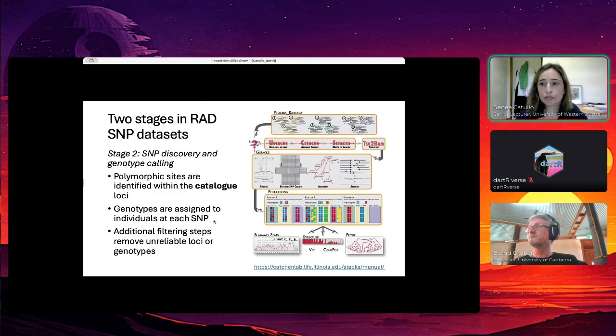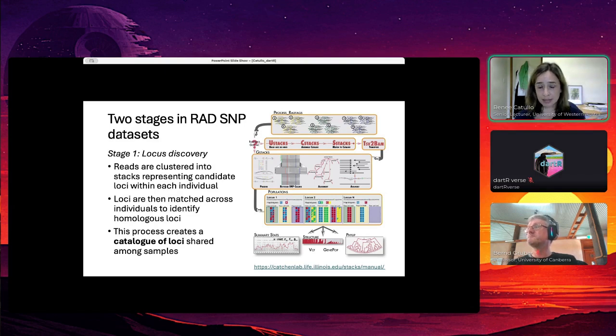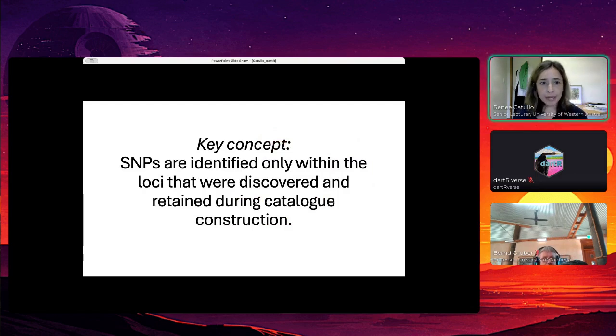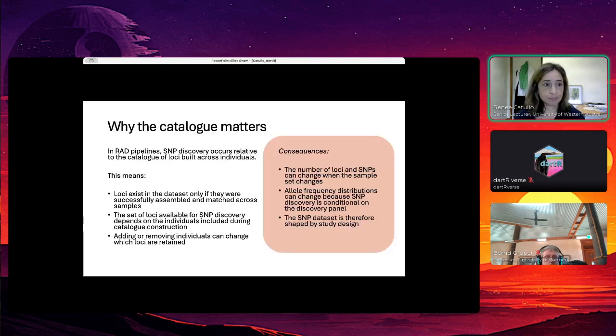It's a really broad overview, but it's important to remember that the decision about a locus is a design strategy in cstacks, and then there is a SNP discovery stage. This is where you're restricting yourself to biallelic sites of your selected individuals in the loci that you have built in your catalog. So they're only identified within those loci discovered and retained in construction.